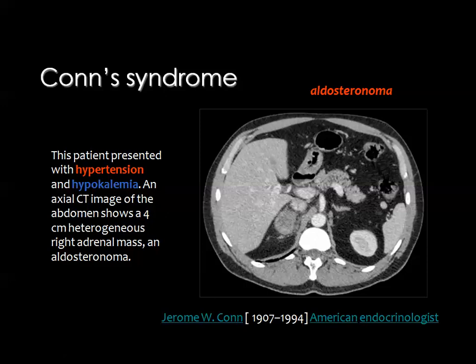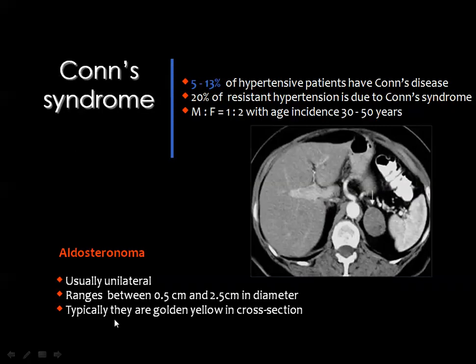Then the presence of hypertension and hypokalemia in a patient with an adrenal mass or adrenal adenoma is almost diagnostic of Conn's syndrome. Then if you see a mass in the suprarenal gland like this one, and you know from the history and the clinical data that the patient is hypertensive and he has also hypokalemia, then you think of Conn syndrome, in which the adrenal adenoma is responsible for this syndrome in about 70% of the cases.